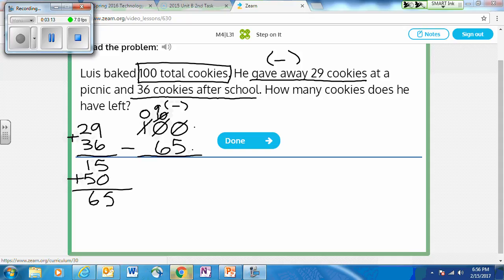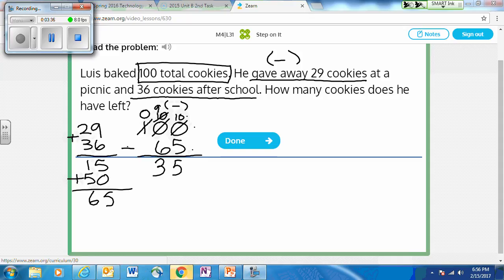And I will add one set of 10 to the ones column. 0 plus 10 is 10. Now I'm ready to subtract. 10 minus 5 equals 5. 9 minus 6 equals 3.